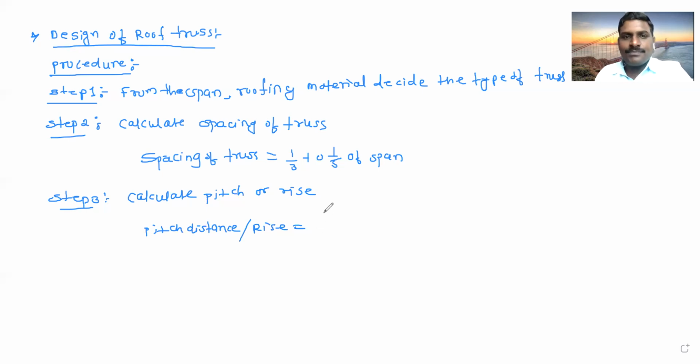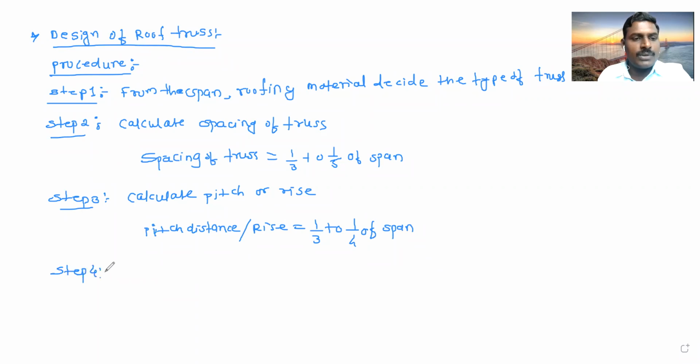We have written this: 1/3 to 1/4 of span. 1/3 to 1/4 of span, that is the pitch distance or rise.